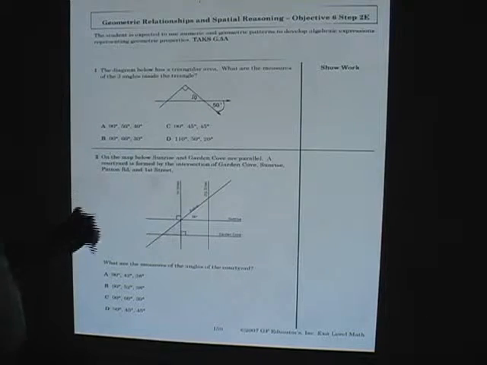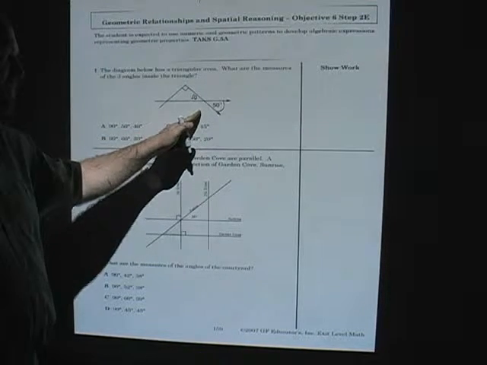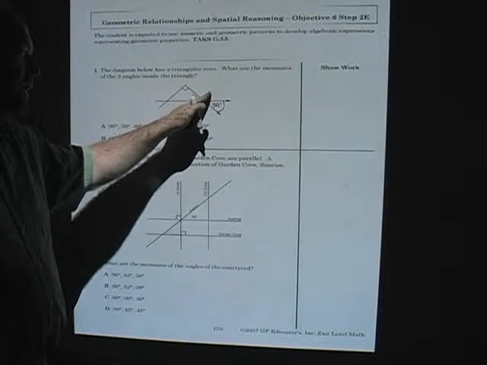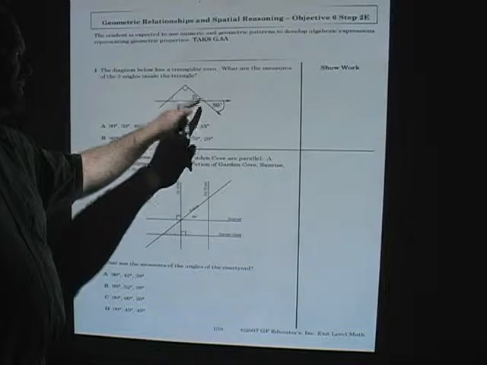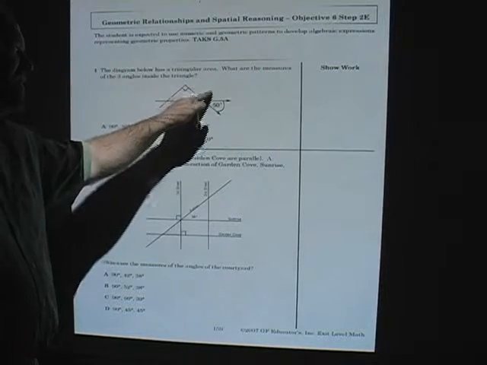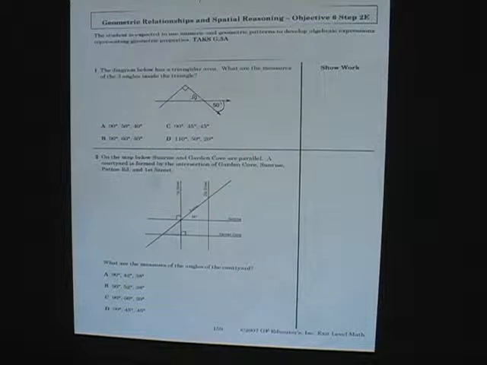These 2 angles would also be vertical. They would be the same. This one would be 130, this one would be 130. Remember, 50 plus 130 equals 180. We don't need to know that here, but just a reminder.